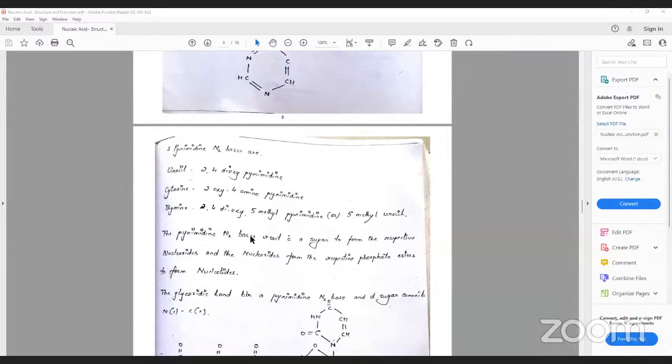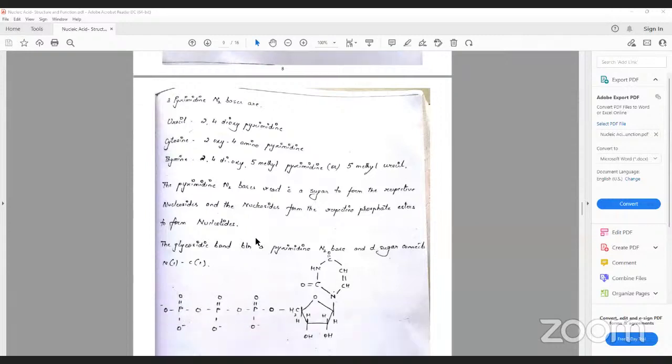So in pyrimidines also, the nitrogen base reacts with sugar to form the respective nucleosides, and phosphate esters enter to form the nucleotides.